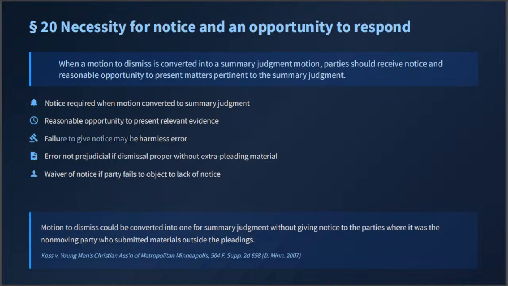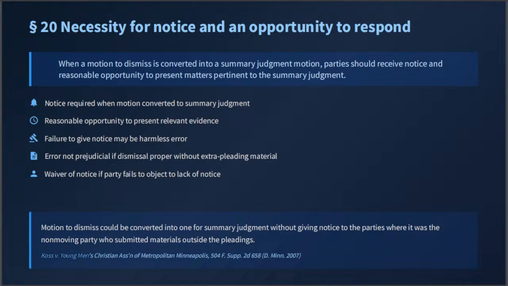Failure to give notice may be a harmless error, though. Error is not prejudicial if dismissal is proper without extra pleading material. So, if dismissal was proper without extra pleading material, the error is not prejudicial because, again, the dismissal would be proper. And a waiver of notice if party fails to object to lack of notice.